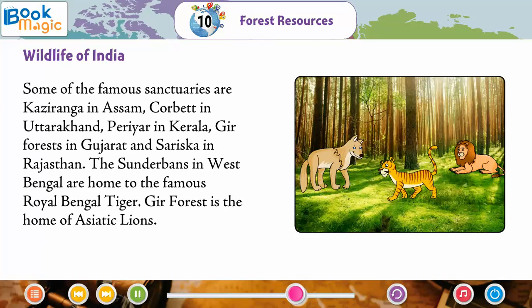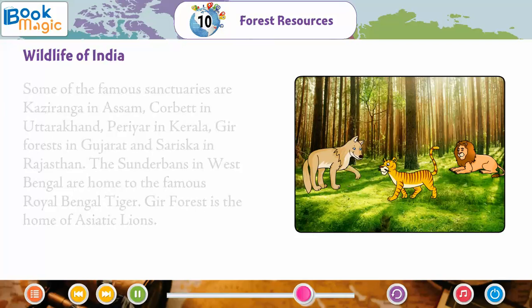Some of the famous sanctuaries are Kaziranga in Assam, Corbett in Uttarakhand, Periyar in Kerala, Gir Forest in Gujarat and Sariska in Rajasthan. The Sundarban in West Bengal is home to the famous Royal Bengal tiger. Gir Forest is the home of Asiatic lions.